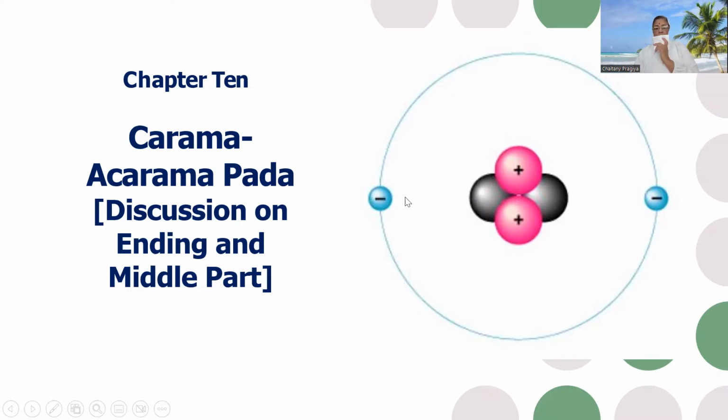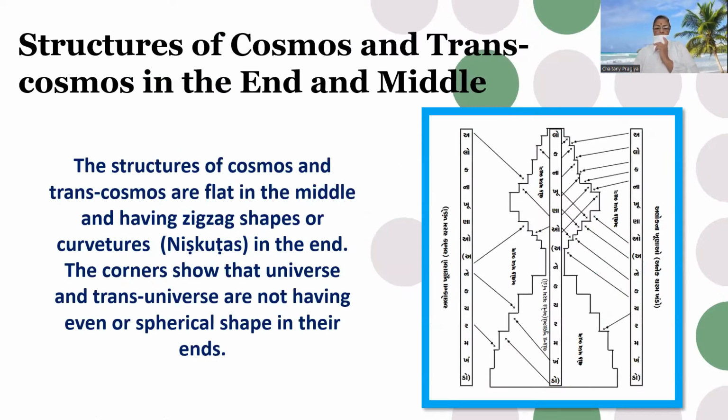Electrons are roaming inside the atom, in the periphery of the atom, and in the center you will find the neutron and positron. So this is the middle structure of the atom, and this is the ending structure of the atom. This kind of discussion we will find here.